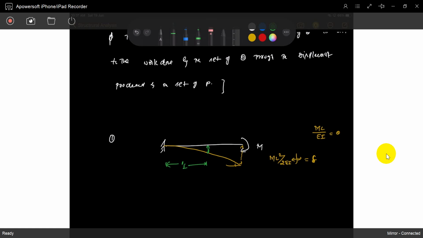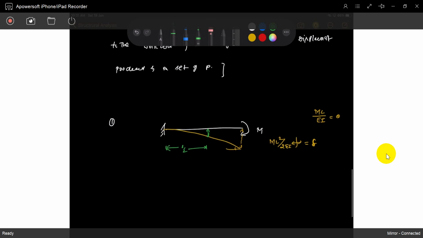Most probably by basic deformation equations. So many methods are there: conjugate beam method, area moment method, basic integration equations. But by Betti's law, you can easily calculate it. How?